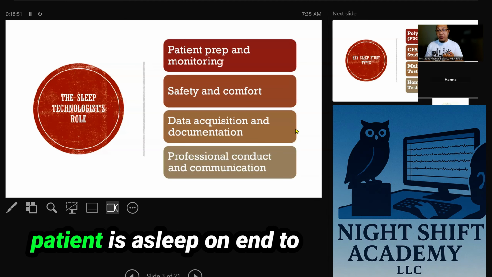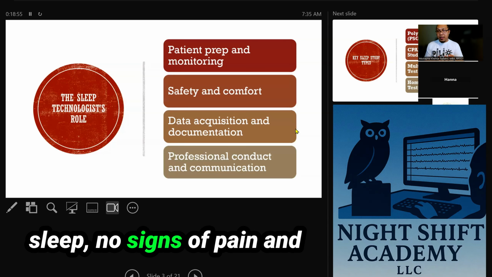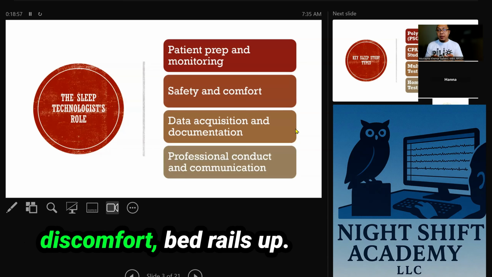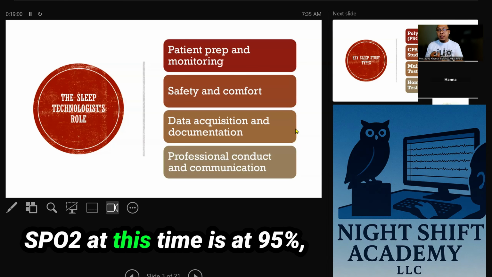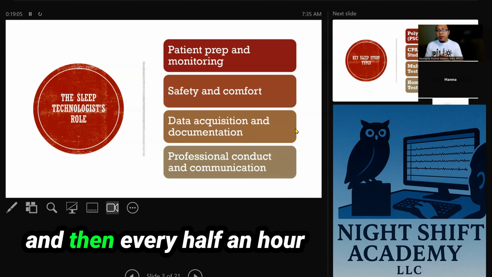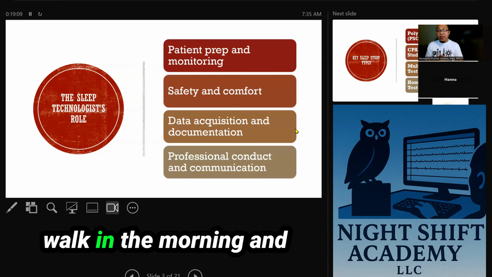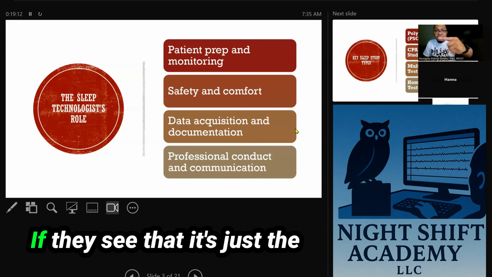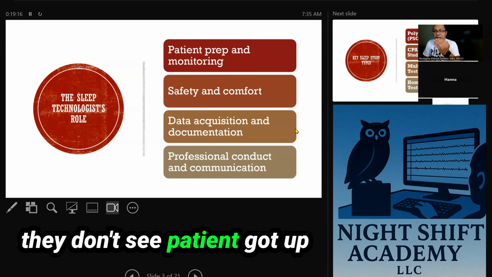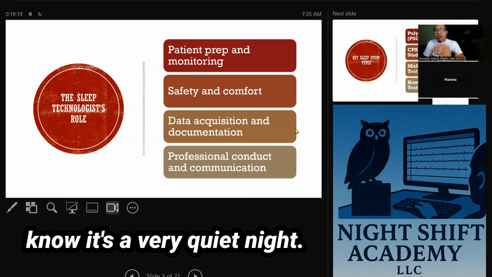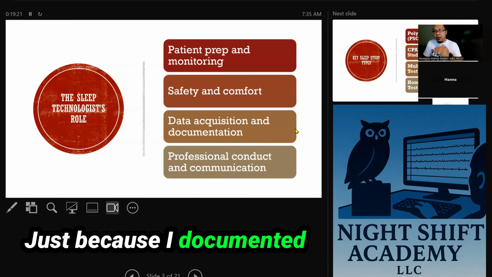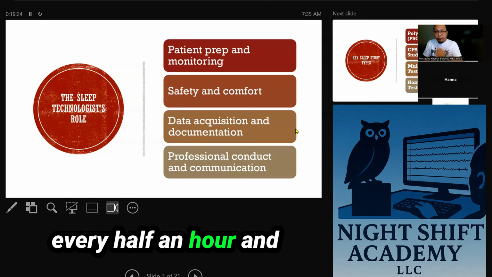I will always mention the patient is asleep on N2 sleep, no signs of pain and discomfort, bed rails up, SpO2 at this time is at 95%, and then every half an hour I do that. So the doctors can walk in the morning and see my documentation. If they see that it's just the regular documentation, they don't see the patient got up and had issues, then they know it's a very quiet night, just because I documented every half an hour.